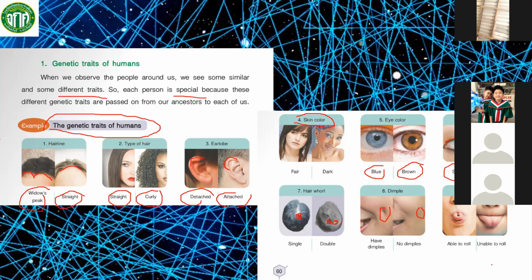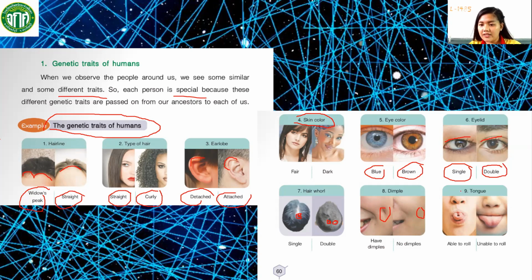Next, how about number 9? So we have tongue. We have people who are able to roll their tongue. So they can roll their tongue like this. But some people are unable to roll their tongue. They cannot do that.